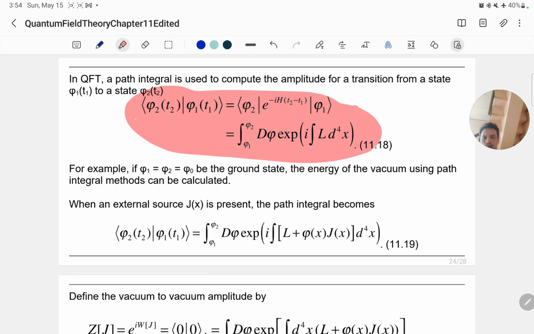So if we say phi 1 is equal to phi 2 equal to phi 0, the ground state, then the energy of the vacuum can be calculated using path integral methods. And also when an external source J(x) is present, the path integral becomes this. You just add this expression to the Lagrangian.